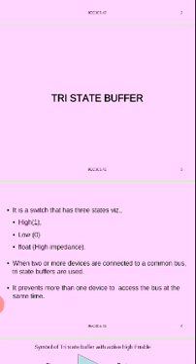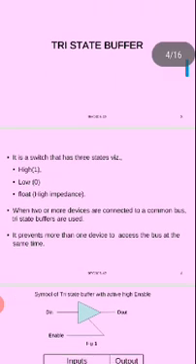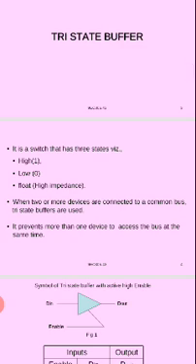Tri-state buffer. Tri-state, it means three states. That is called tri-state buffer. It means it has three states.